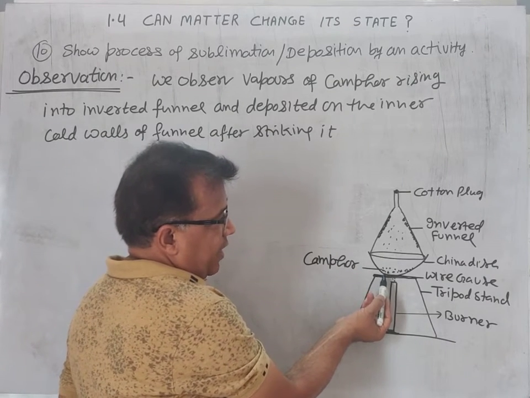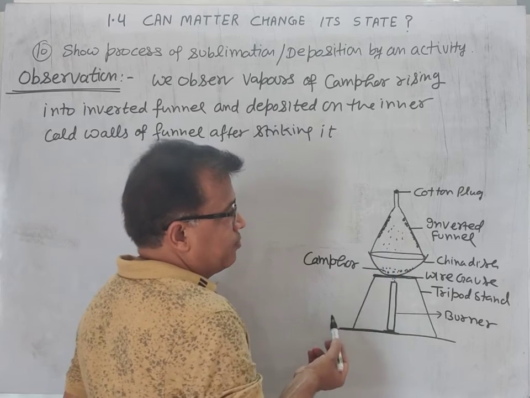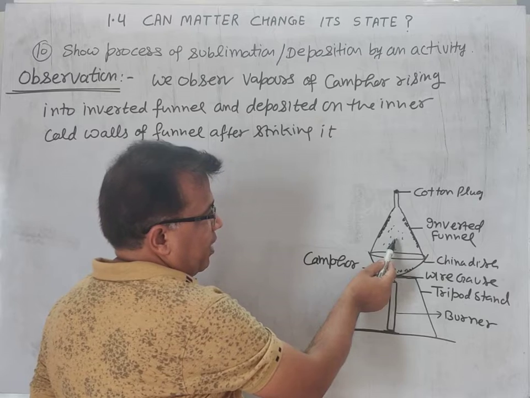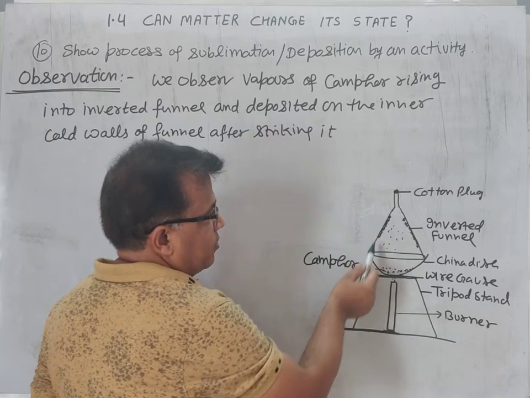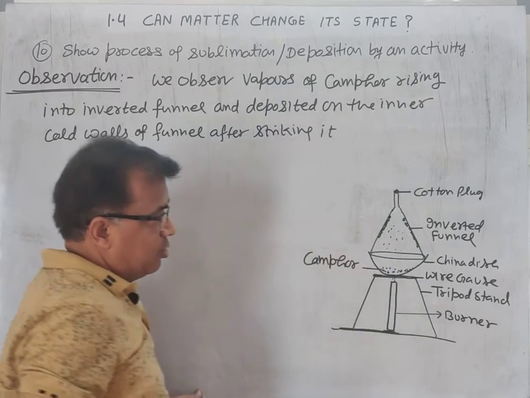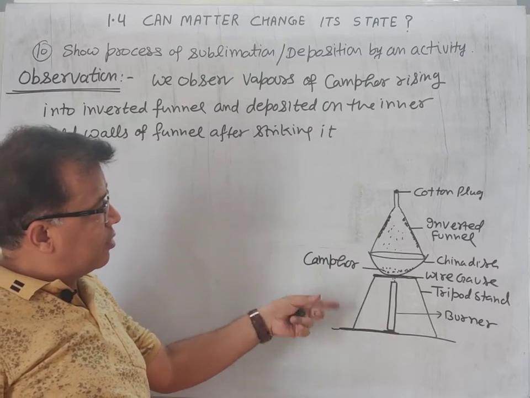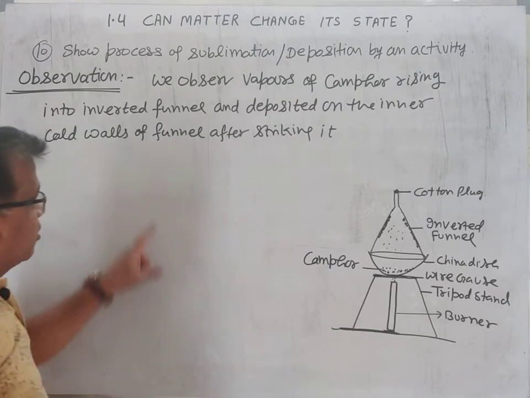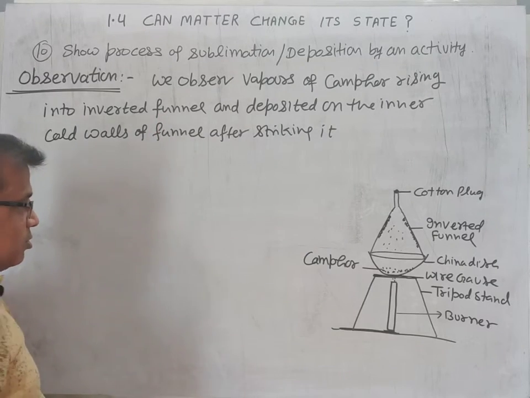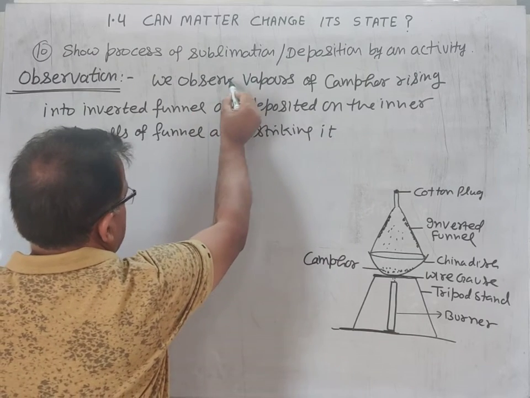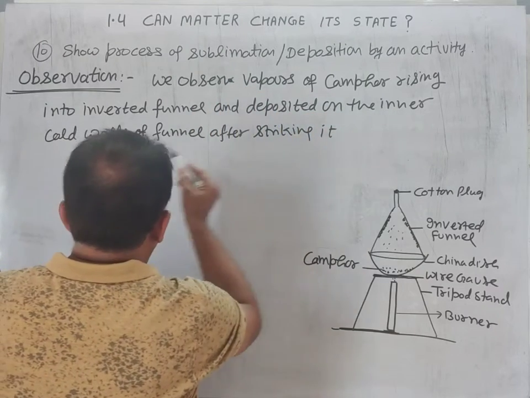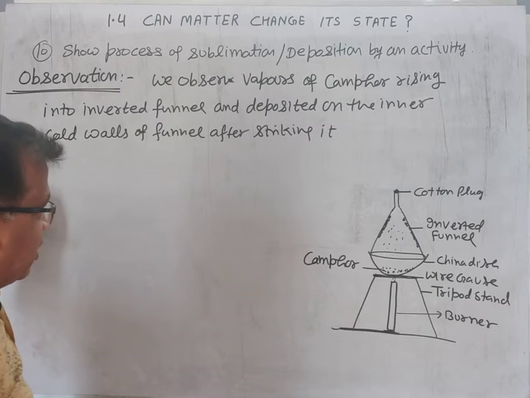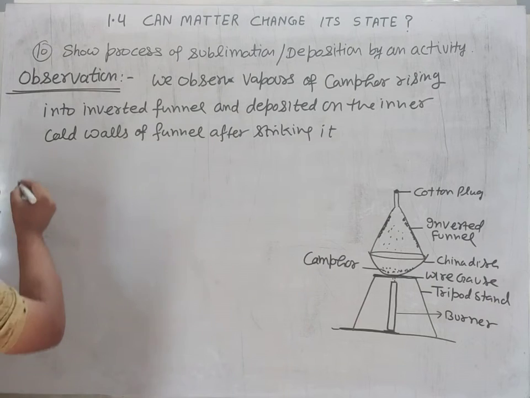Conversion of powdered camphor into vapor is sublimation, and conversion of this vapor into solid camphor again is deposition. So thus we have studied sublimation as well as deposition of sublime substances.